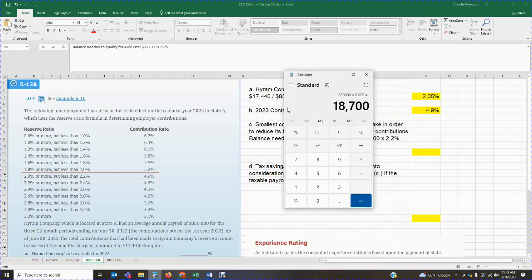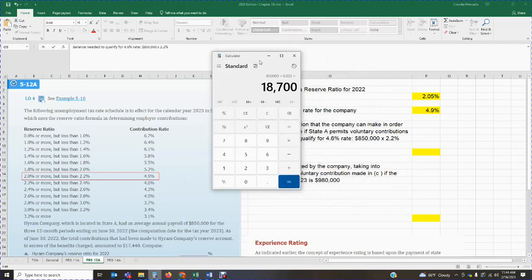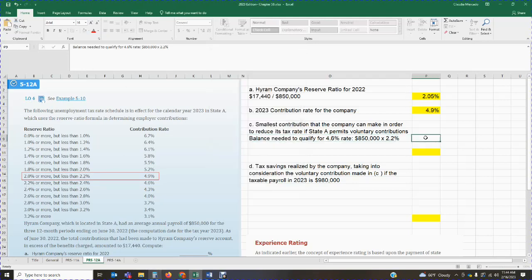If we were to jump from this tier to the tier below, we're going to still use the average payroll of 850,000 and multiply it by the rate in the next tier, which is 2.2%, that lowest rate, and that will give me 18,700.